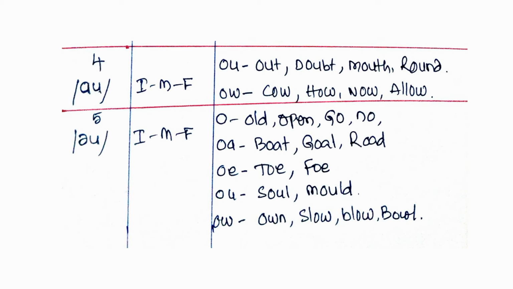GO, go, NO, no, like that. Now, it's represented with OA, such as BOAT, boat, GOAL, goal, ROAD, road.